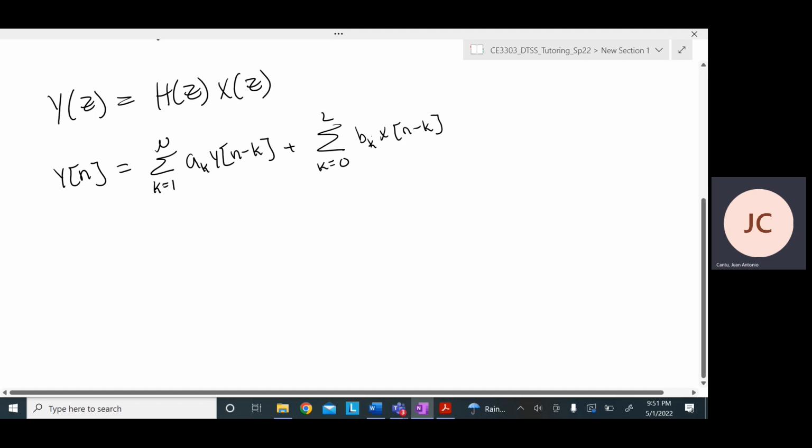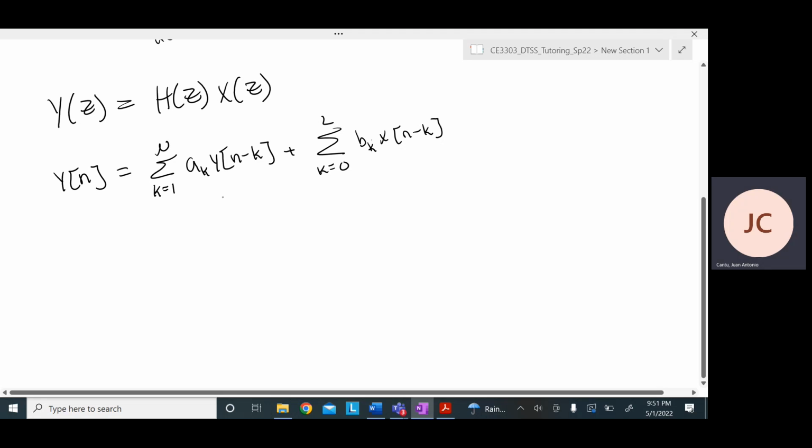Remember, this is just a general form of a difference equation. These are our output y terms, and these are our input x terms.